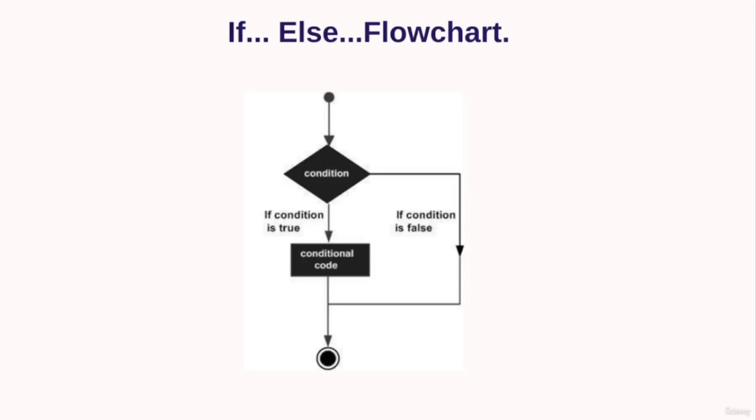You can also check multiple conditions using the else if, meaning if the first condition is false, you can proceed with the second condition, and the second condition with else if will only be compared when the first condition is false. So let's see practically how we can implement the else if and if statements all together.